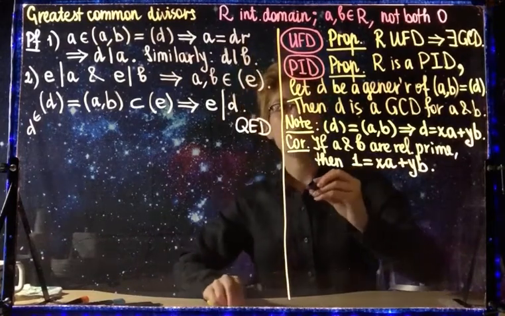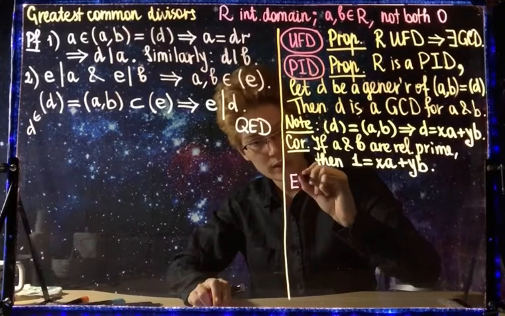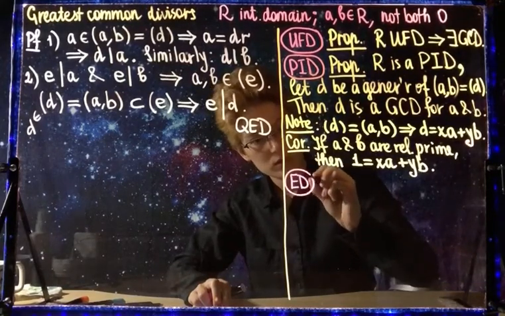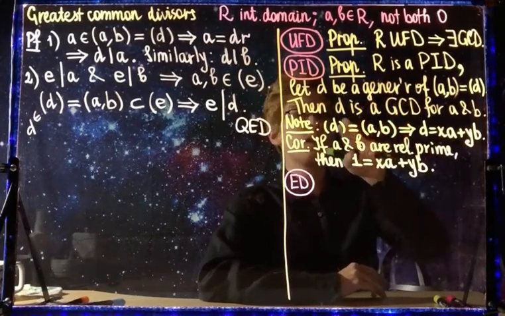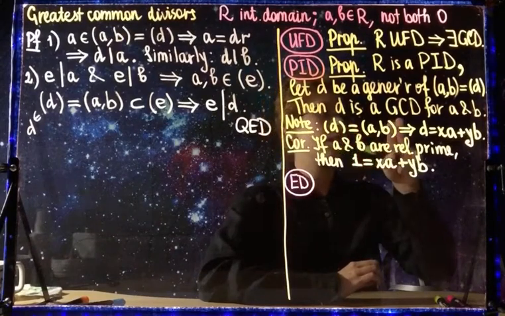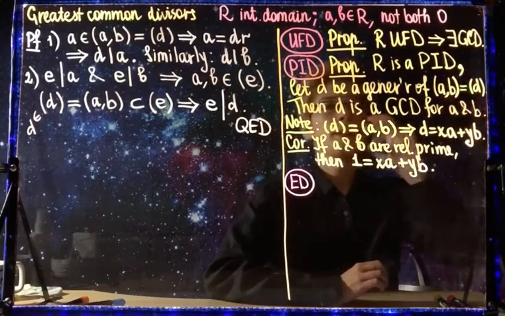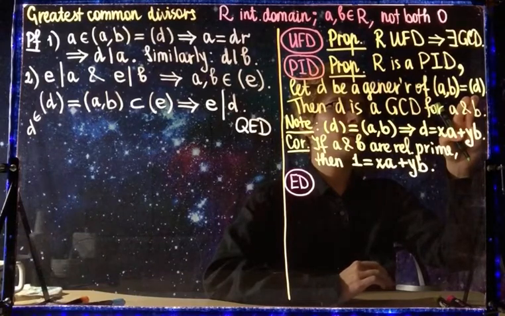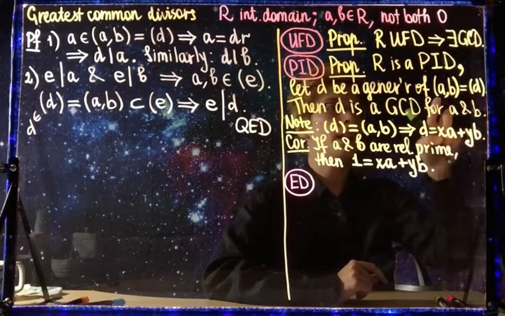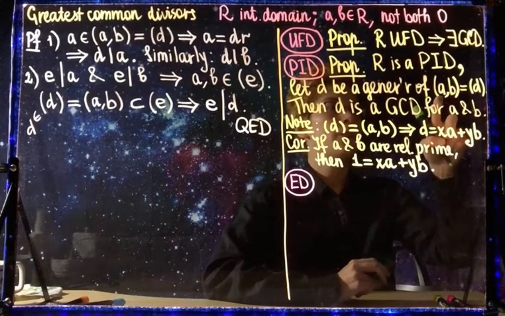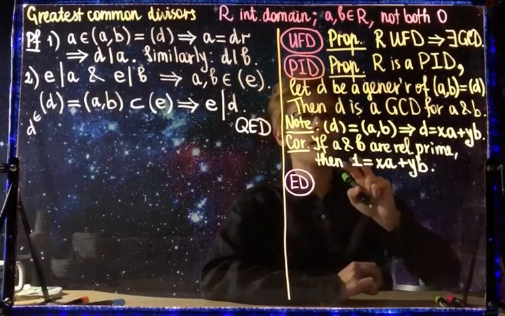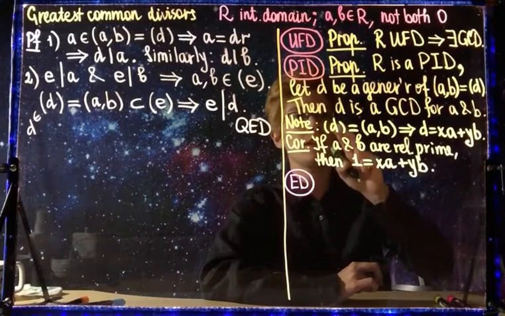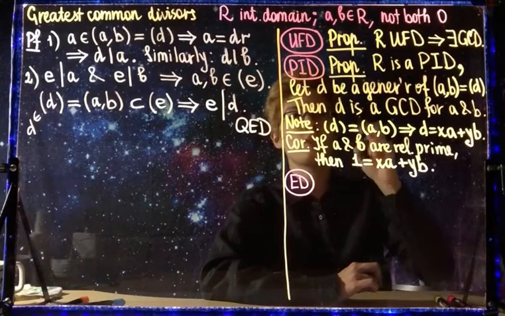And we get an even nicer picture in the Euclidean domains. For principal ideal domains, we can prove that D satisfies this nice property of being a generator for the ideal generated by A and B. But for Euclidean domains, we can actually run an algorithm to find what a greatest common divisor is.